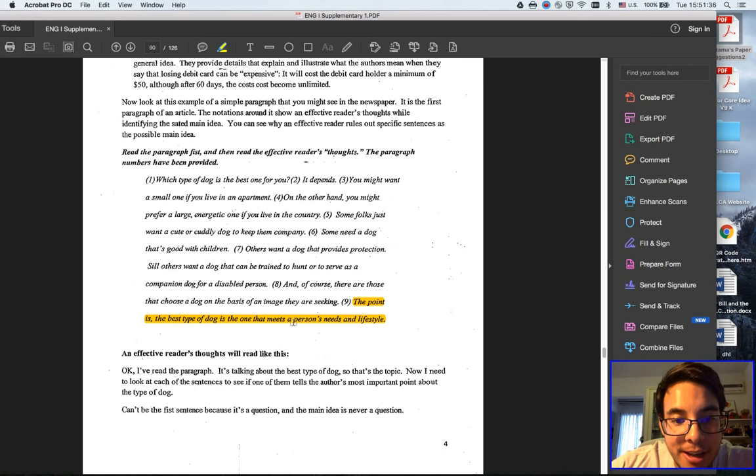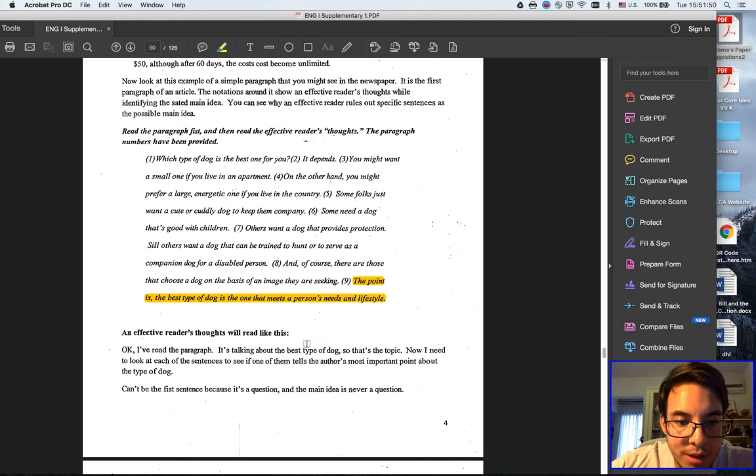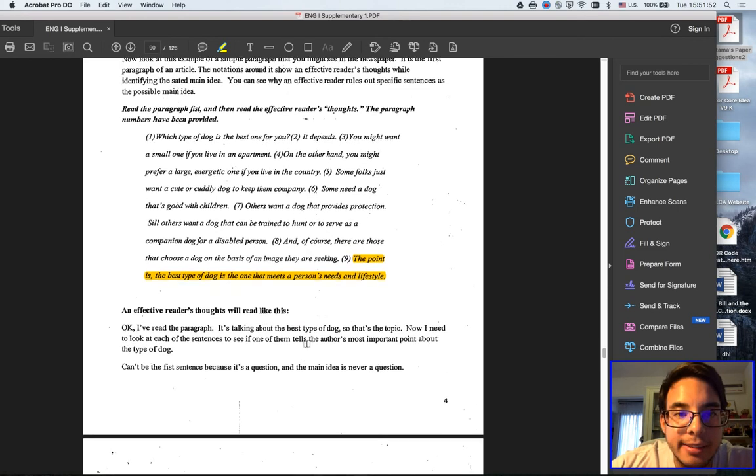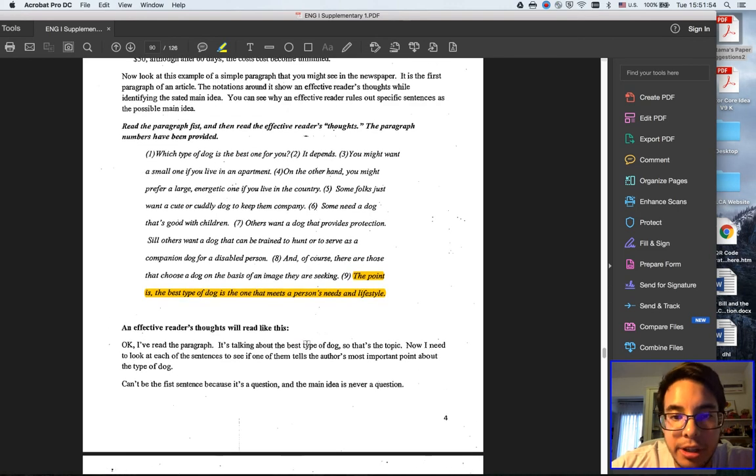So that fits a person's needs and lifestyle, and it all connects to sentence number 9, which all of these points are describing. Hopefully this tutorial has made sense to you. Whenever you read, see if you can find the main idea sentence to help you understand the paragraph better.